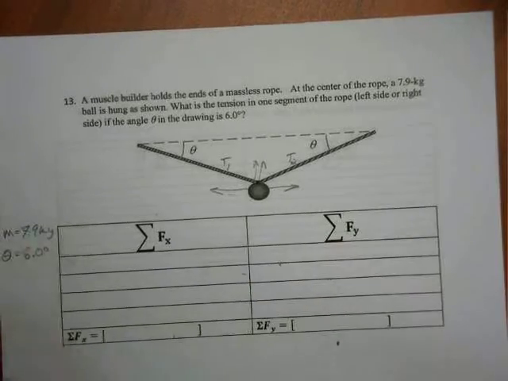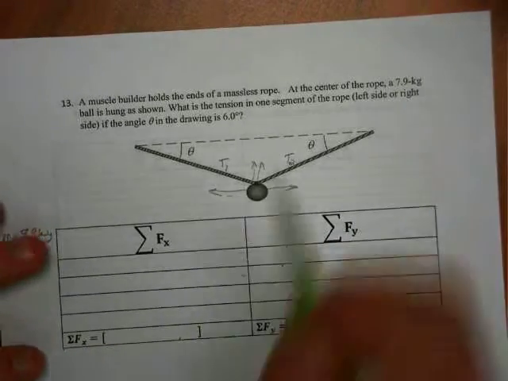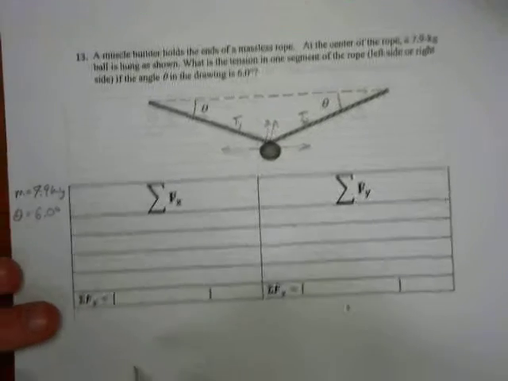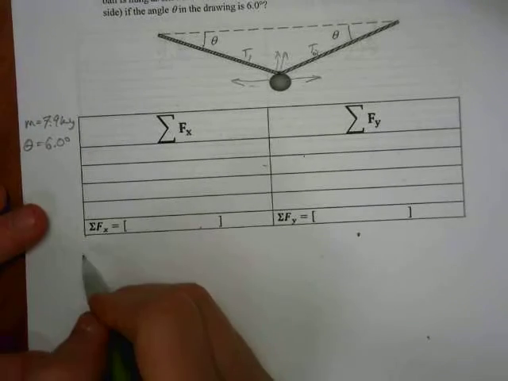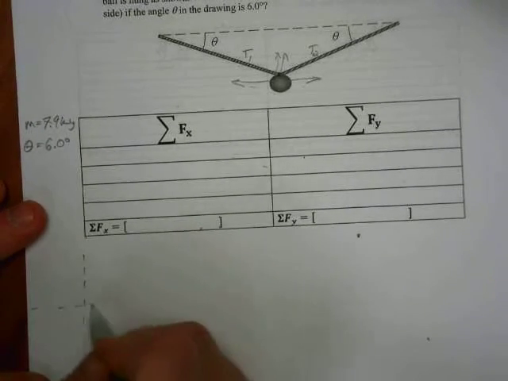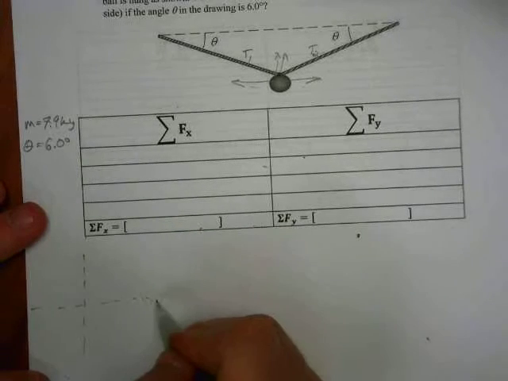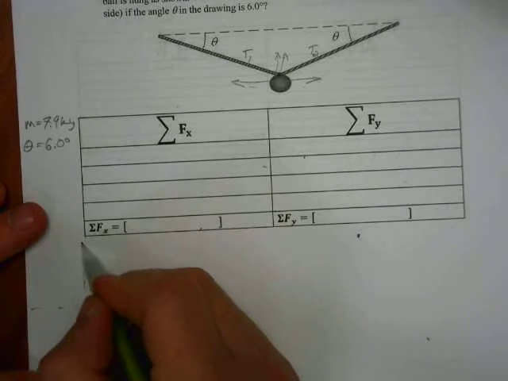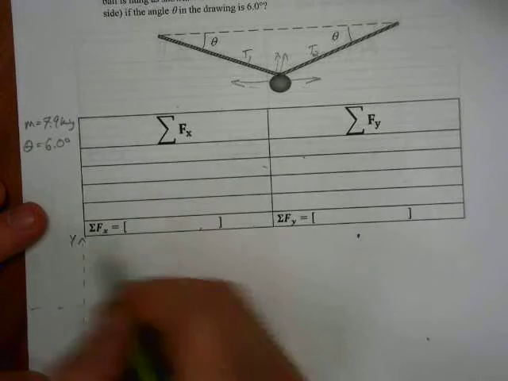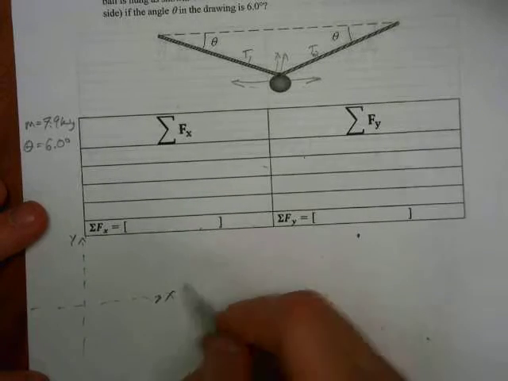But let's go ahead and draw a free body diagram down here. And again, I have no idea where this problem is going. I really don't have any direction that I'm following right now.